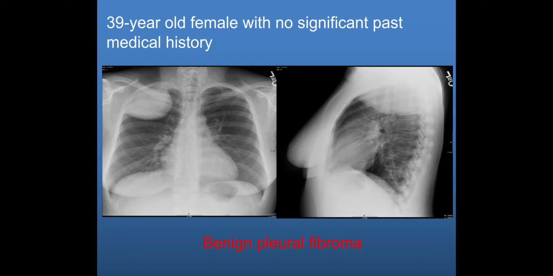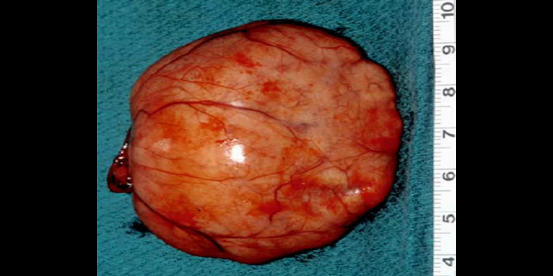So this is an example of benign pleural fibroma after resection, and you will send for histopathology just to know the type of this mass.